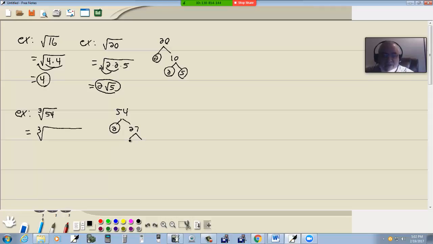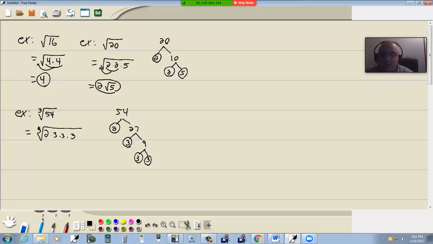And 27 is not divisible by 2, so go to my next prime, which is 3. 3 times 9. And 3's prime, so we circle it. Now the 9 is still divisible by 3. 3 times 3. And the 3's prime, so I circle them. So 54 becomes 2 times 3 times 3 times 3.